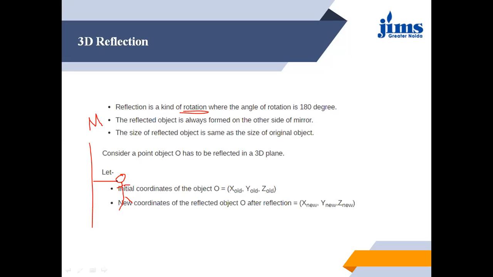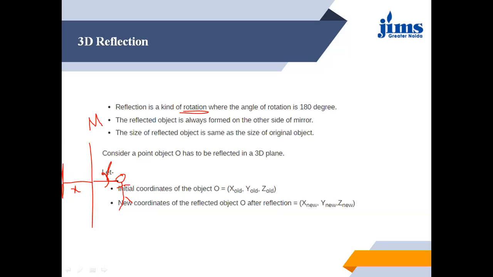Suppose this distance is x from the mirror, then the image of our object is at the same distance, that is x also, but on the other side of the mirror.